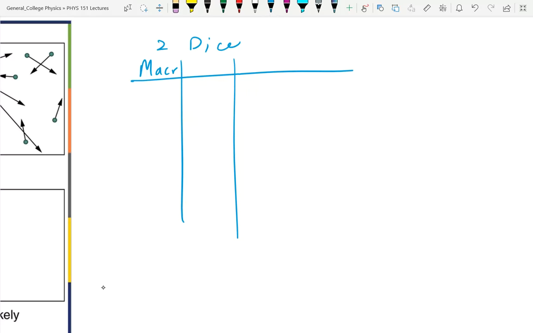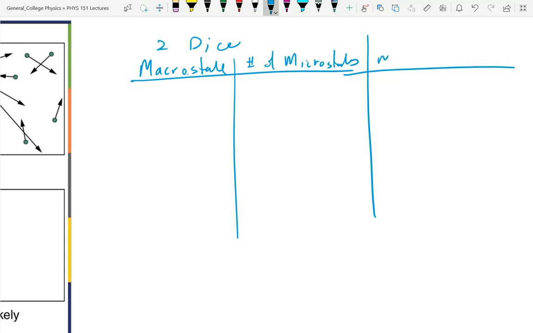macrostate, nice. Number of microstates and the actual microstates. So what are the different outcomes you can get with 2 dice?